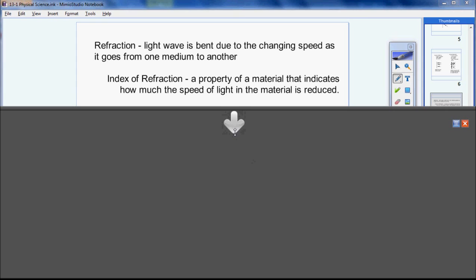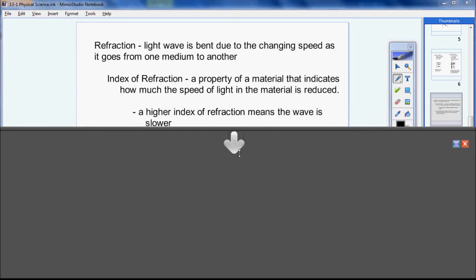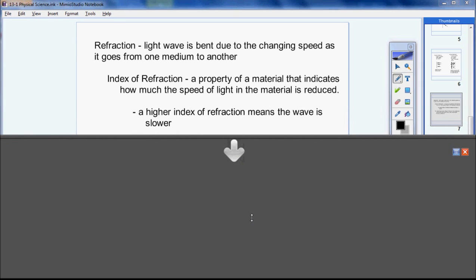It involves putting a penny in a cup and being able to not see it or see it based on this refraction property, because of the way the light bends when it comes into or out of that particular cup.